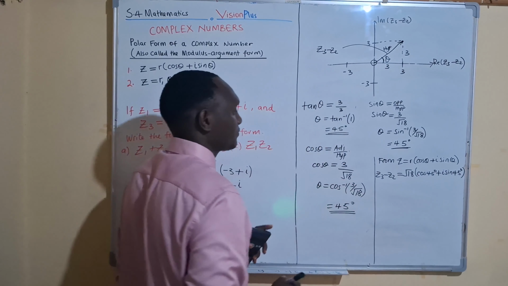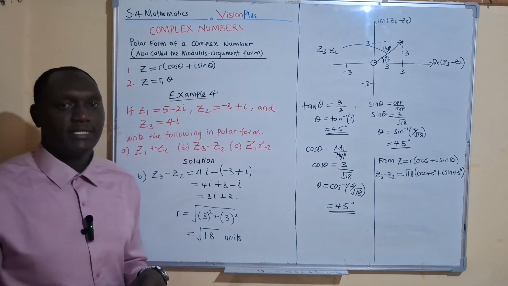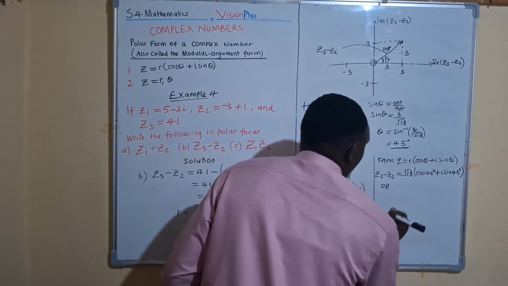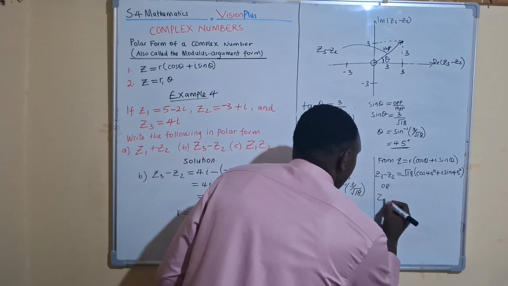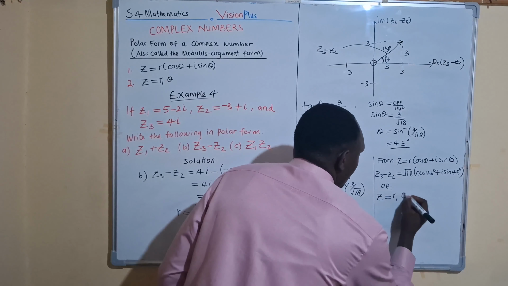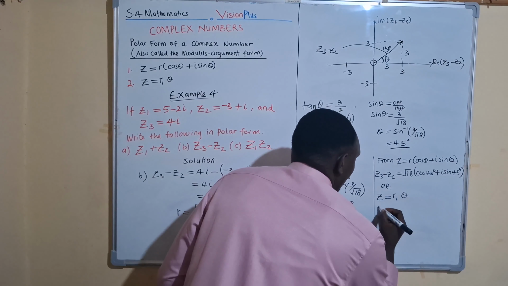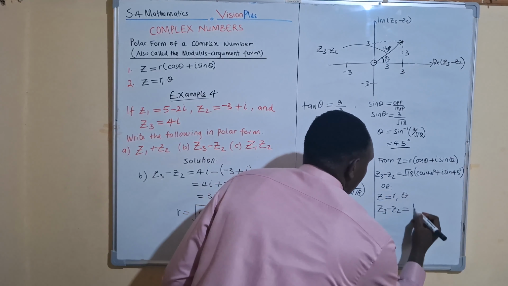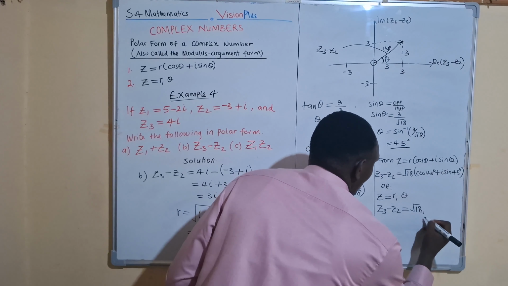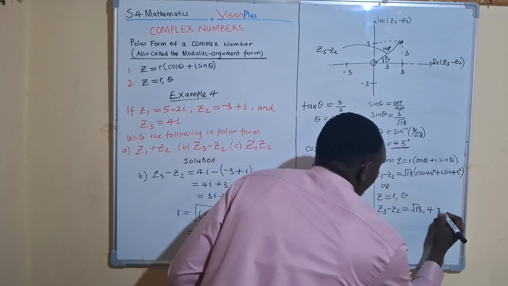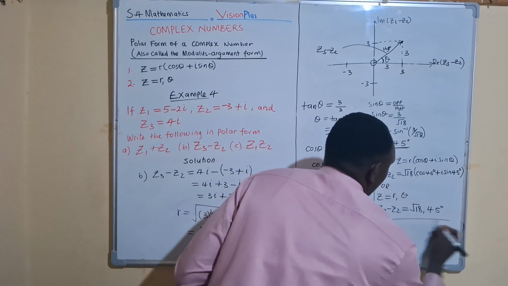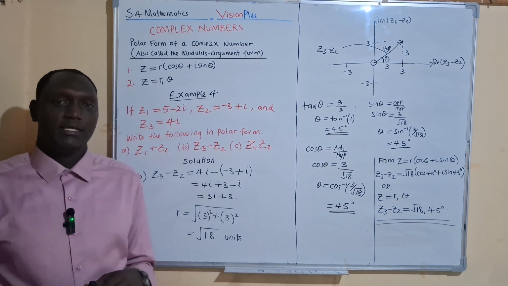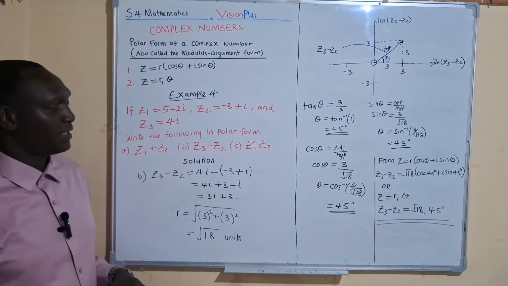That is the polar form of Z3 minus Z2. Or you can use the alternative that says z equals r comma theta. This gives us Z3 minus Z2 equals root of 18, comma, and the angle is 45 degrees. So it doesn't matter whether you're using sine, cosine, or tan to get the angle.